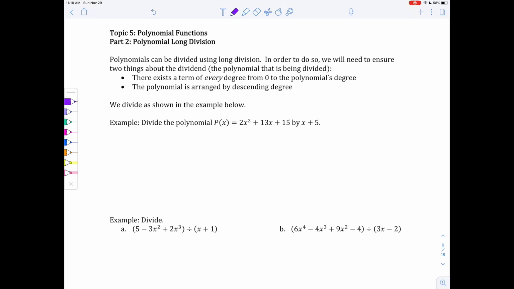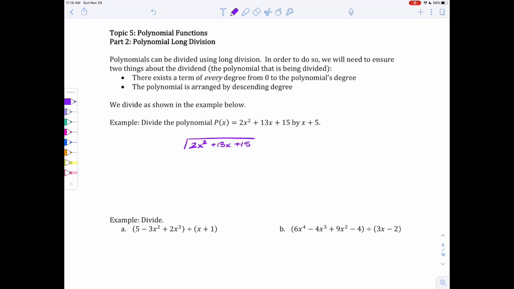This is how we do this. We'll set it up for long division, sort of similarly to how you might have seen long division way back like 7 or 8 years ago, or whenever it is you learned long division of numbers.